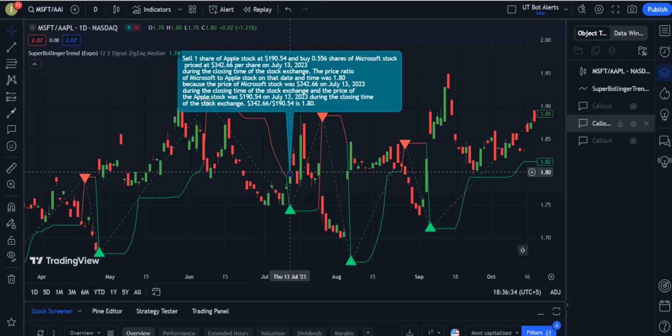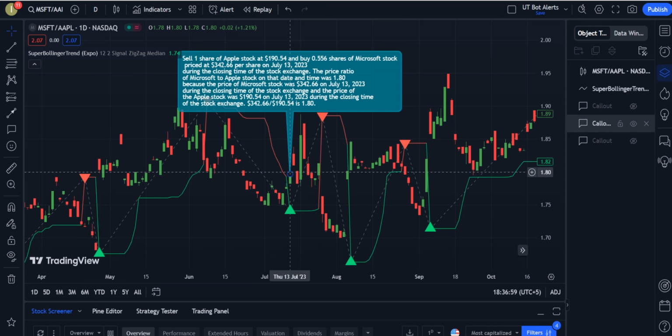And the price ratio of Microsoft to Apple stock on that date and time was 1.80 because the price of Microsoft stock was $342.66 on July 13, 2023, during the closing time of the stock exchange. And the price of the Apple stock was $190.54 on July 13, 2023, during the closing time of the stock exchange.